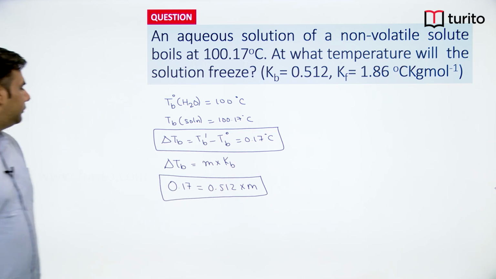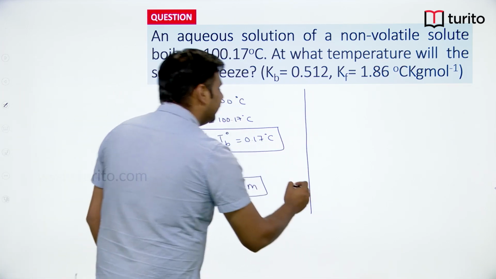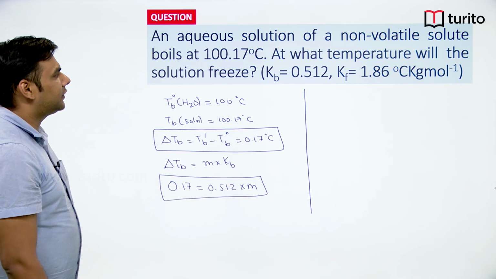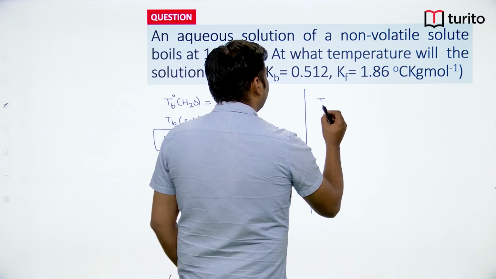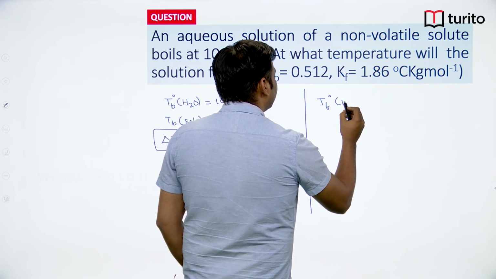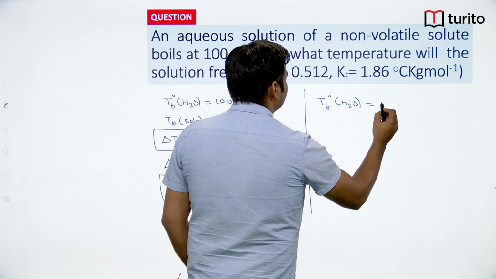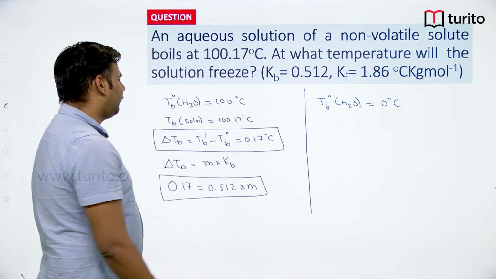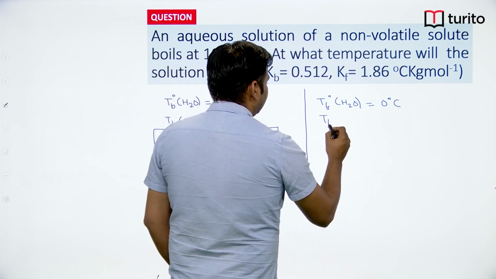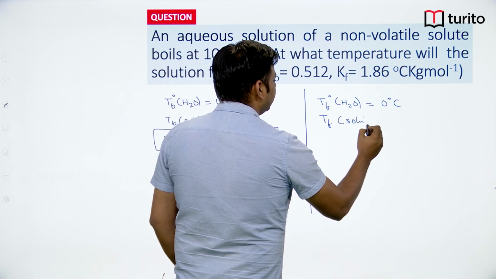Now let us look at the freezing point data. It is asking at what temperature will the solution freeze. So we know that the freezing point of pure water is 0 degrees Celsius. You can also write in Kelvin, there is no issue in this. So we want to find out the freezing point of the solution.